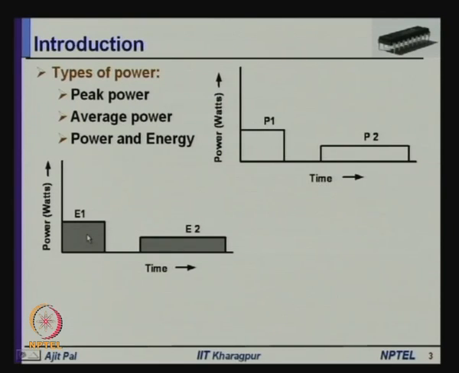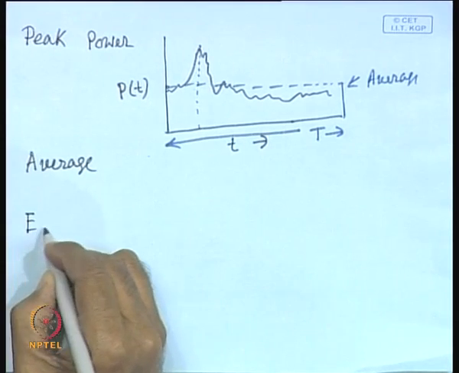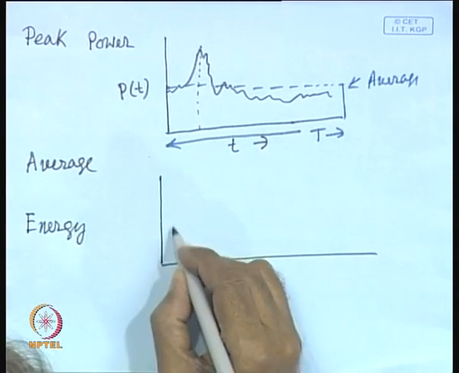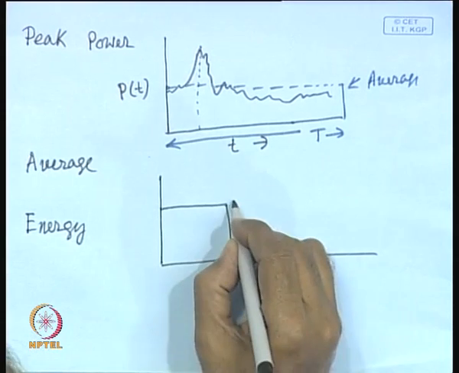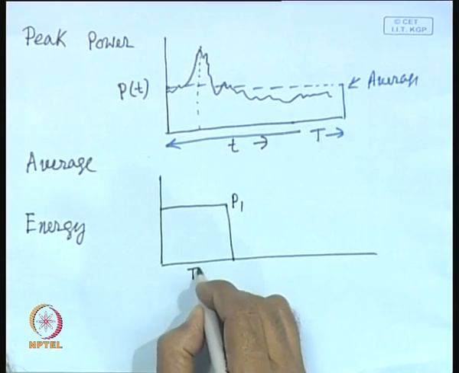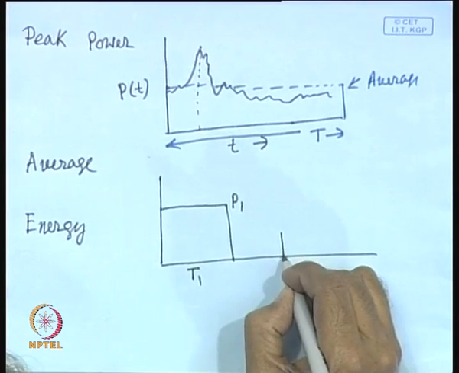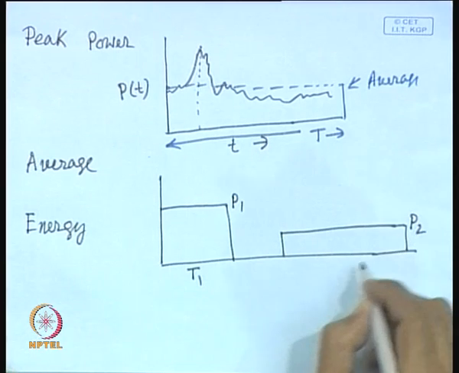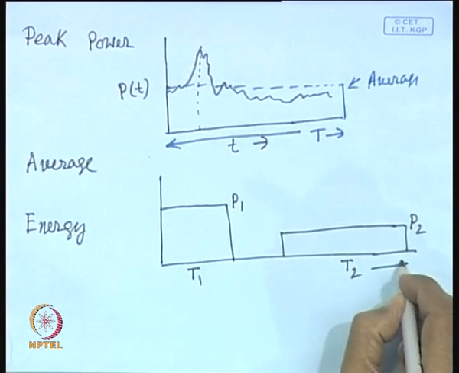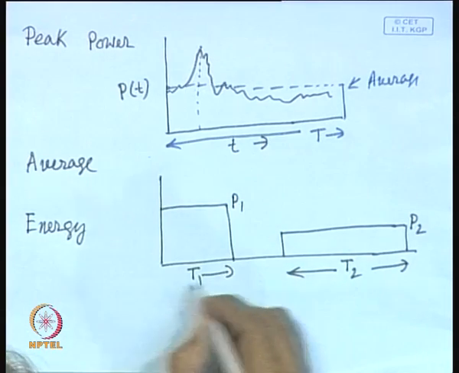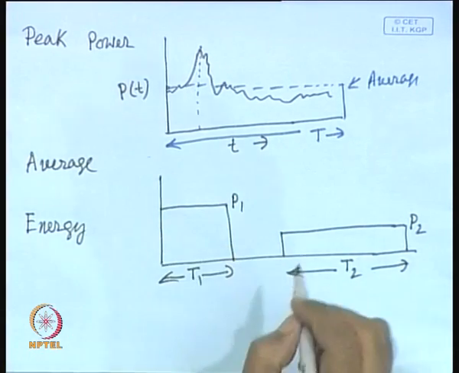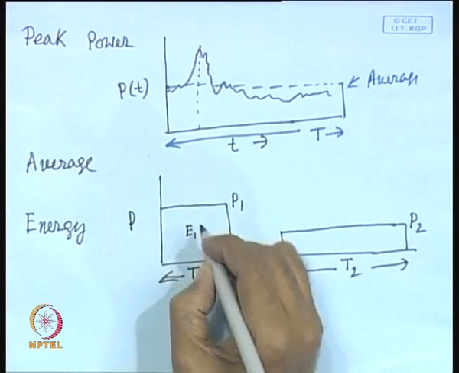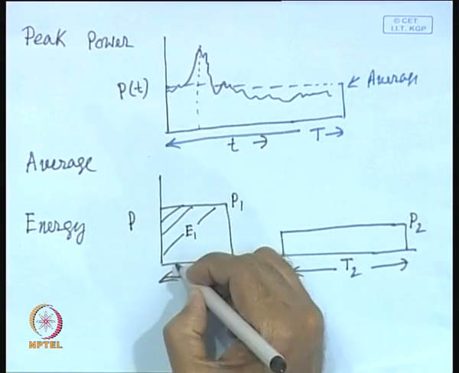So, if this is the power dissipation P1, average power dissipation P1 over a period of time T1, and say another power dissipation which I have shown, that is average power dissipation P2 over a time period T2, then energy, here obviously time and here P. So, energy E1 is the area of this rectangle.